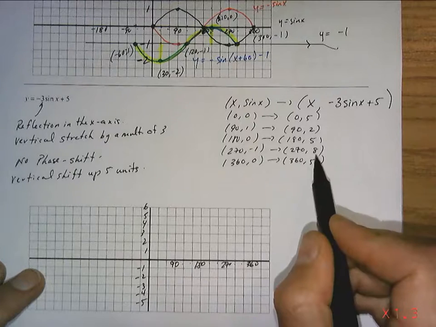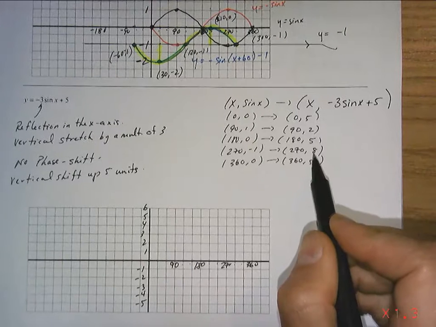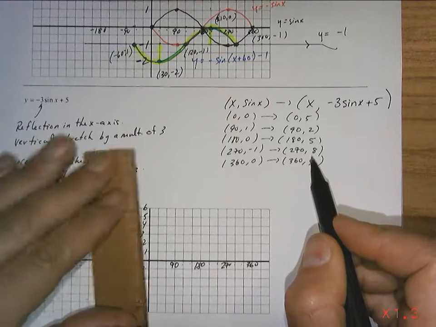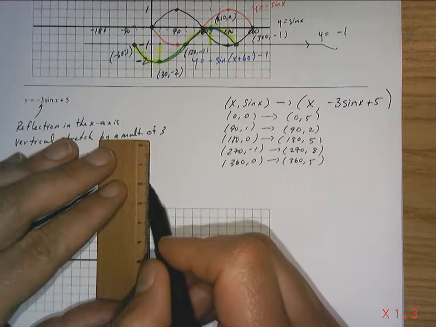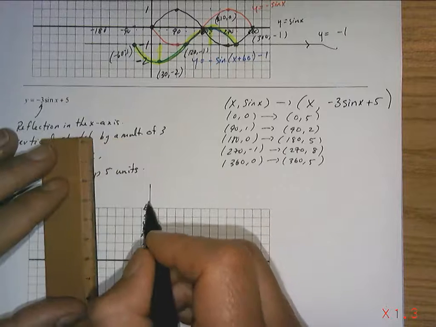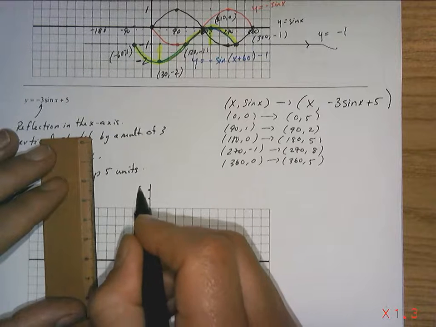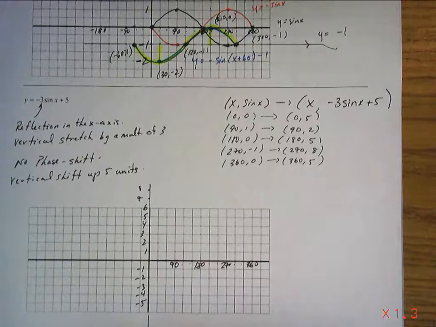And this is not going to work because I need to go all the way up to 8, right? My highest is 8, so that was a bad scale. So I can either go back and fix it, or I can extend it. I'm thinking extending it's a bit easier right now. So we'll go up to 8.